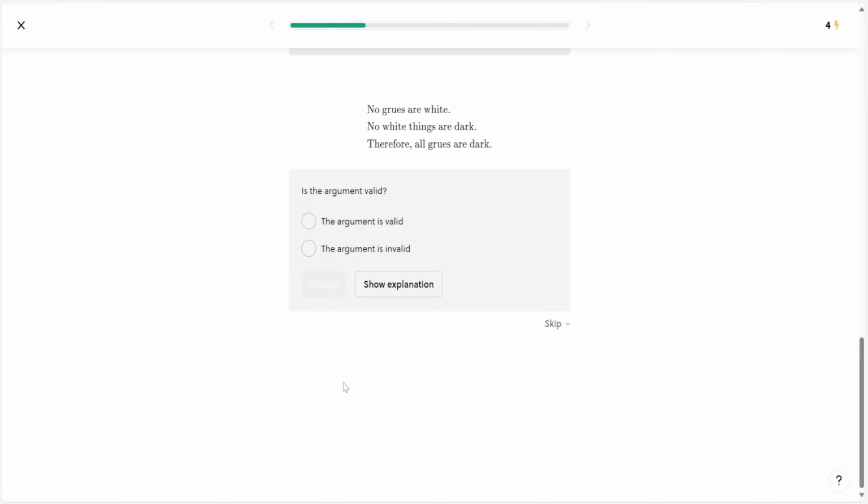Well, I mean, yeah, kind of. But that's only if there's two options, white and dark. There might be other options. Blue, green, orange, purple, pink.